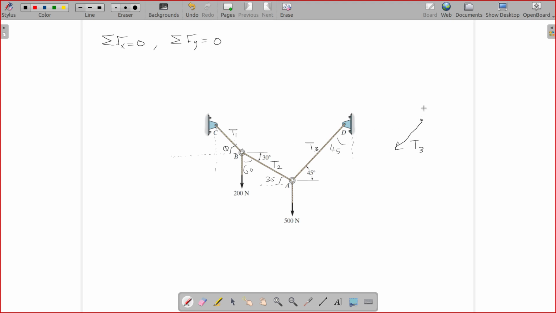So what we will do is that we will say they are unknowns. So reaction RDY and RDX.